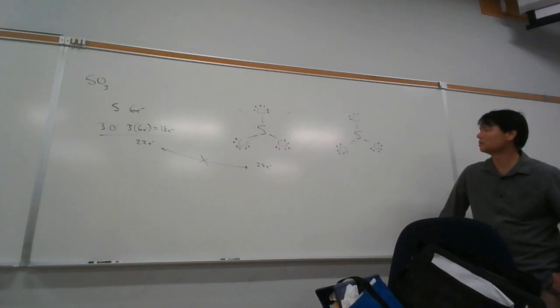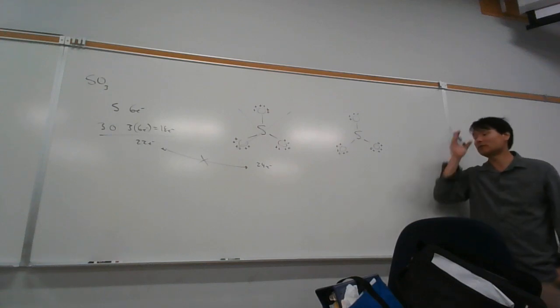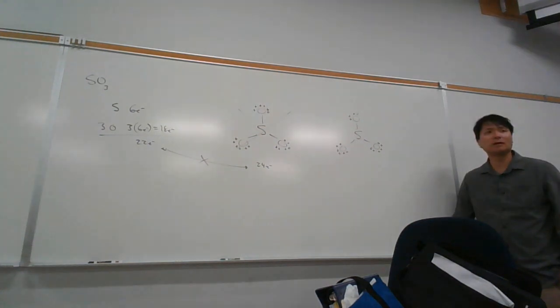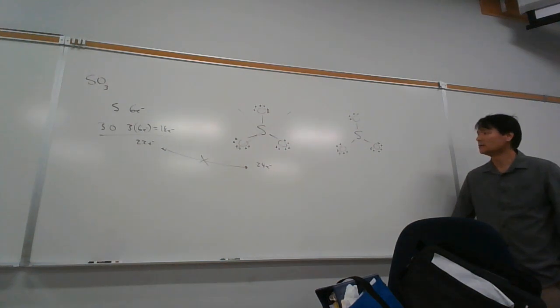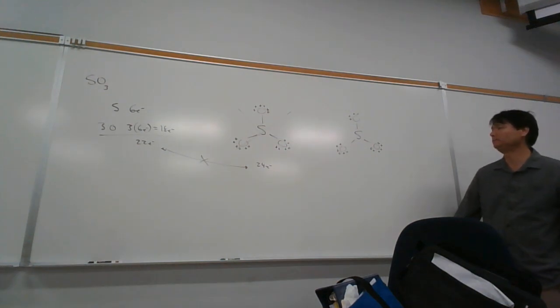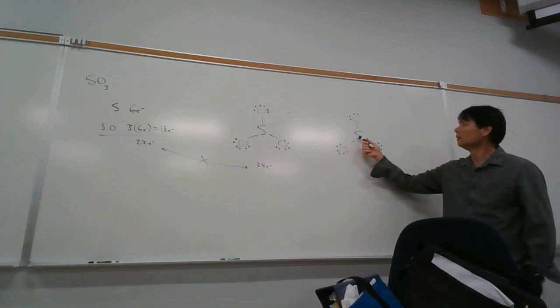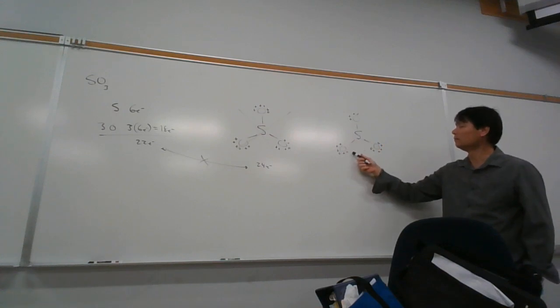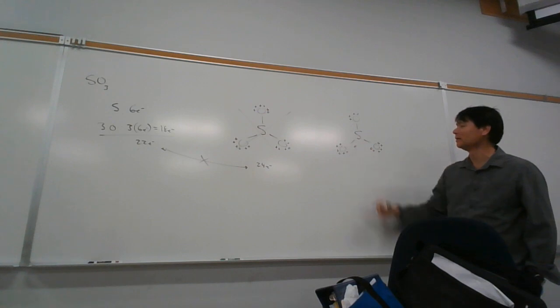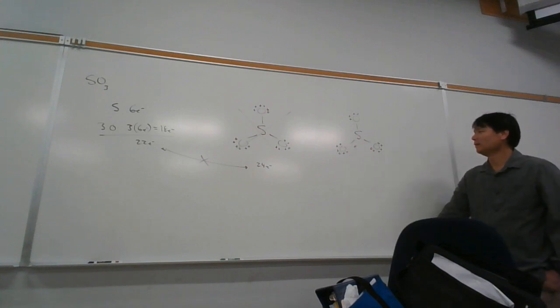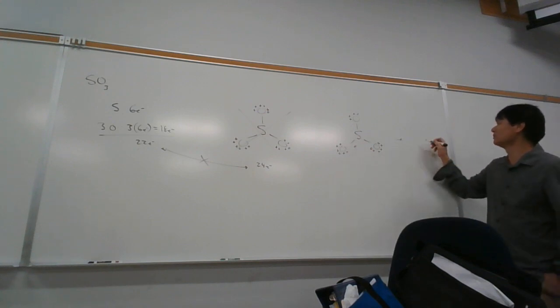I only have 22. So what I have to try to do is maybe do some double bonds and see if that works. And let's see if I can get that to work. And so here, if I make this a double bond, then that will satisfy the octet on sulfur.